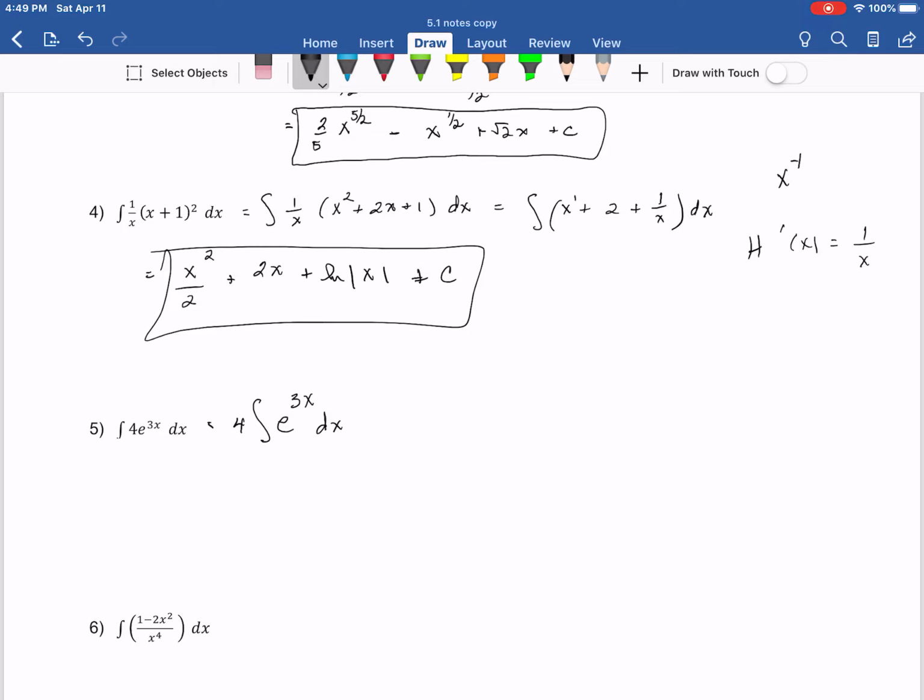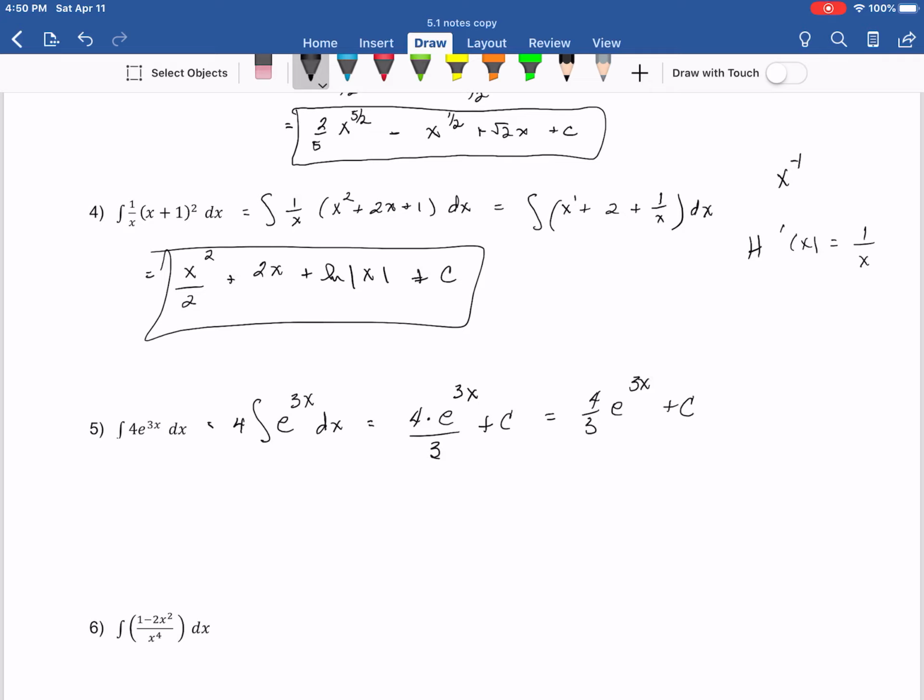All right. Well, the opposite, that's the antiderivative of e to a power, is e to the power divided by the derivative of the power, okay? So this is going to say 4 times e to the 3x divided by 3 plus c. Or you could write this as 4/3 e to the 3x plus c.